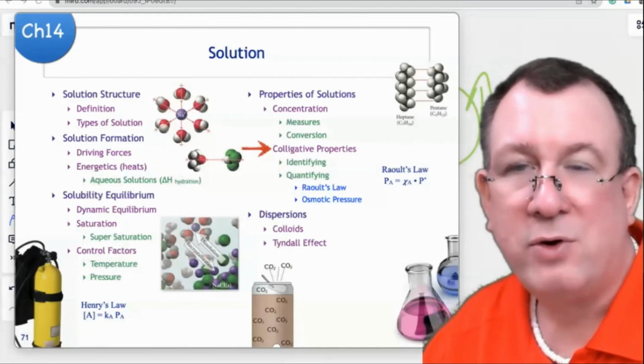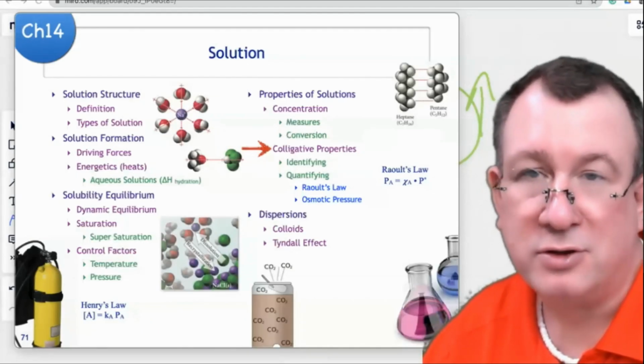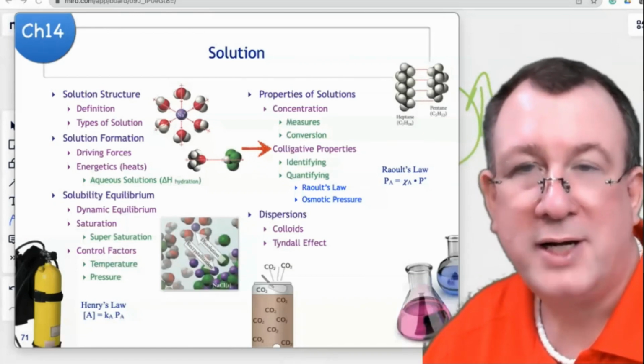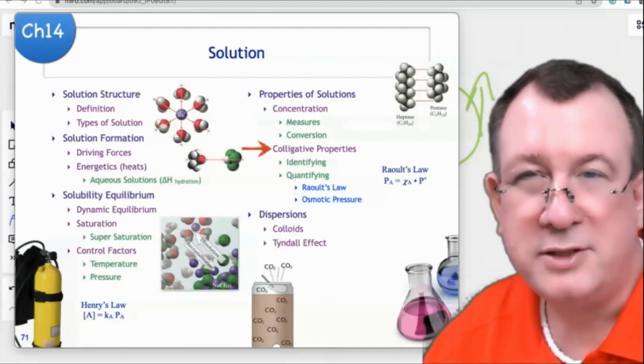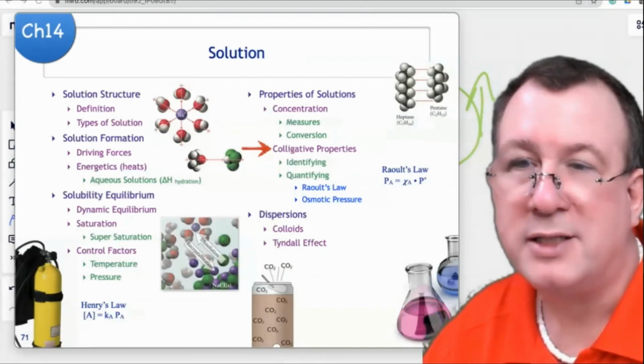If I throw 1 mole of sugar into a solution, I'm throwing 1 mole of sugar particles. But if I throw 1 mole of sodium chloride into solution, I'm throwing in 2 moles of particles. Do you see why? Do you see why I get more particles when I toss in sodium chloride?